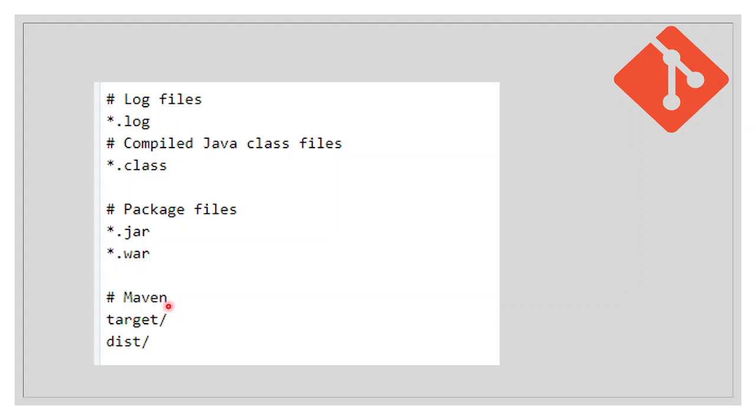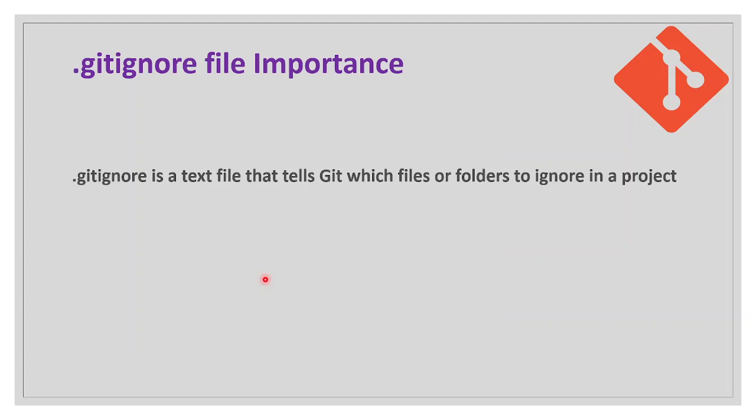If you're working with the Maven build tool, we are going to ignore all the files available under the target folder. And if you are working on Angular or React, the dist folder will be created, right? The entire folder we are going to skip while committing the changes. Those files are not needed for Git. The reason is that these are going to vary whenever you build the project. So those should be ignored. That's the reason we have a Git ignore file.